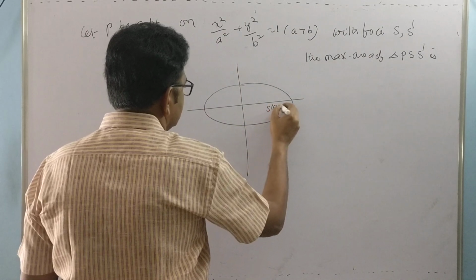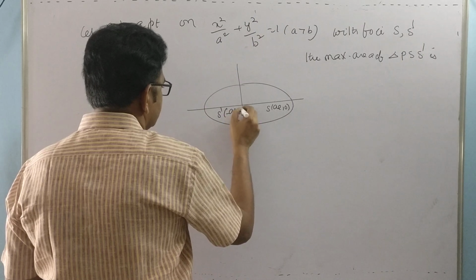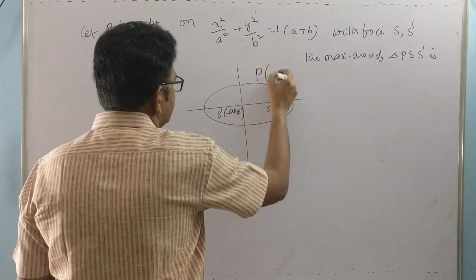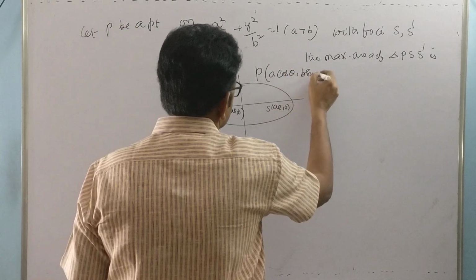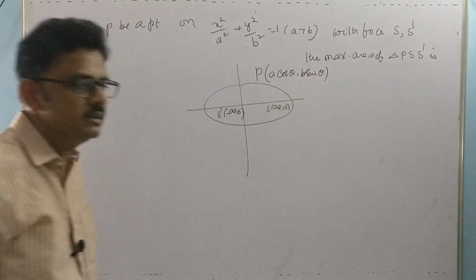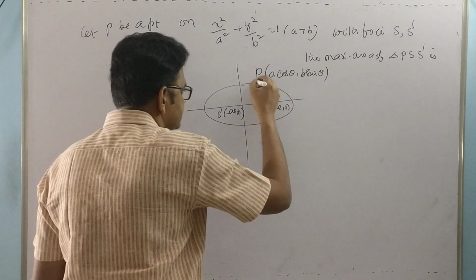S is ae comma 0, S dash is minus ae comma 0. The point P, I can take the coordinates a cos theta comma b sin theta, which are the parametric coordinates of the ellipse.